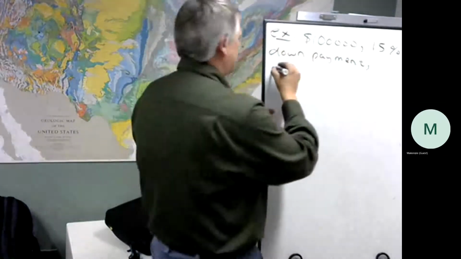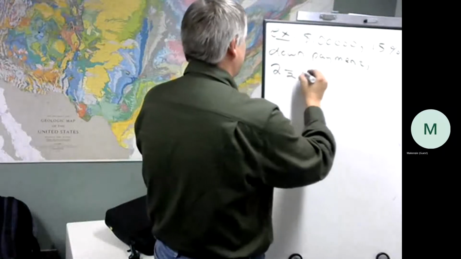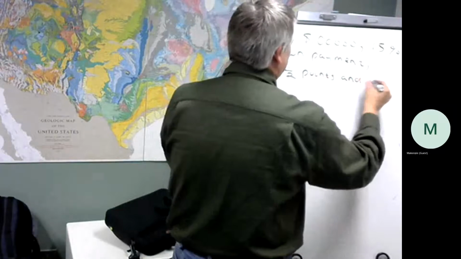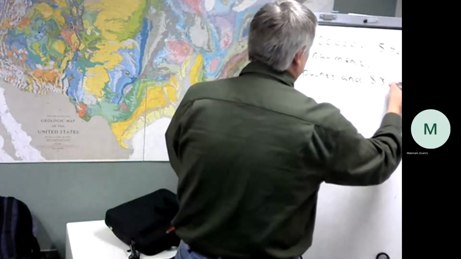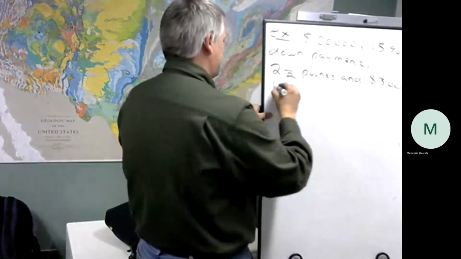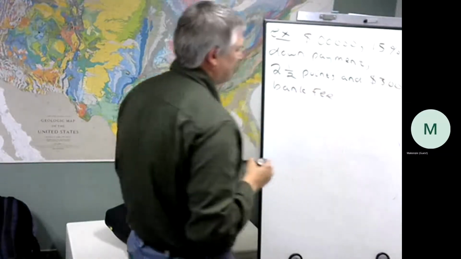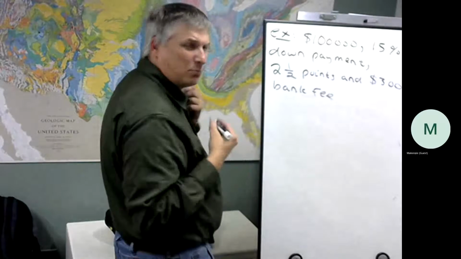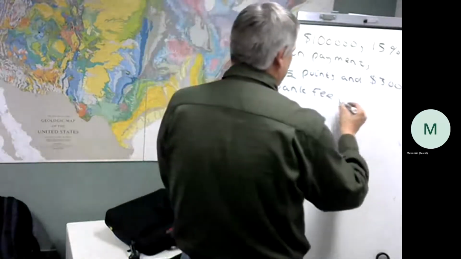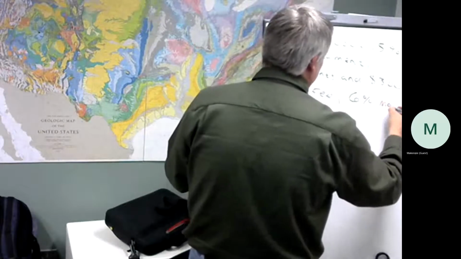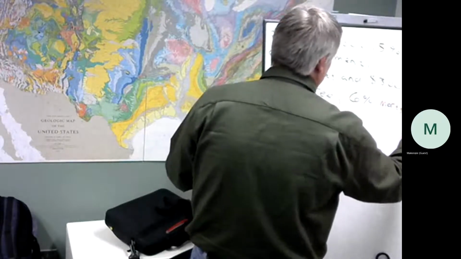There are 2.5 points and a $300 bank fee. And let's say if we mortgage this property, it's a 6% mortgage interest rate.